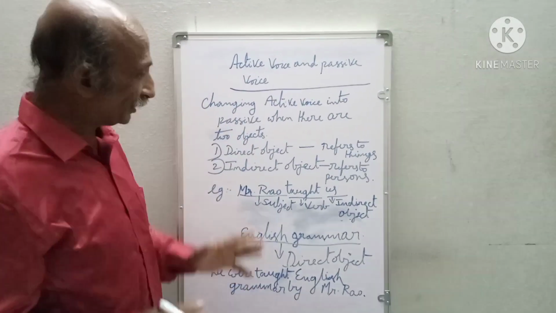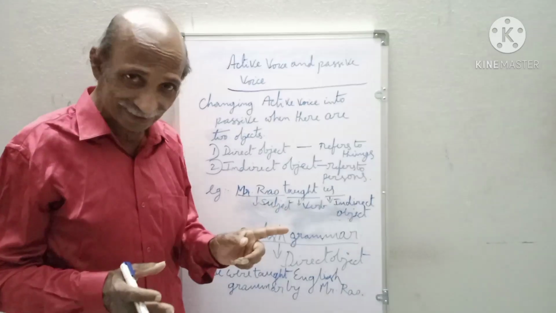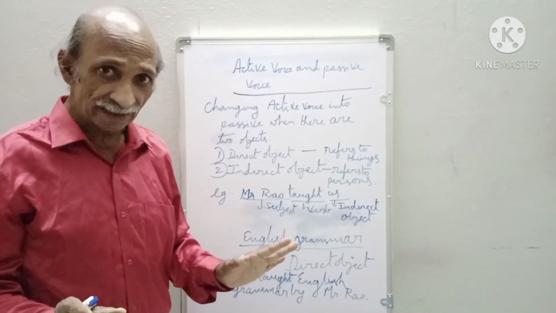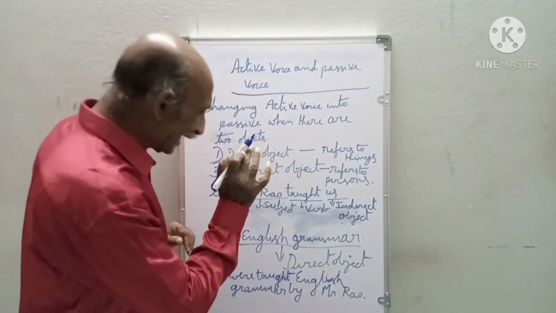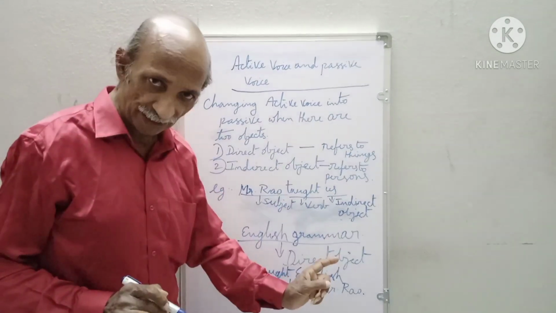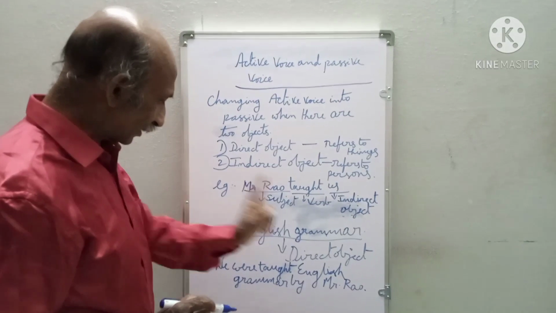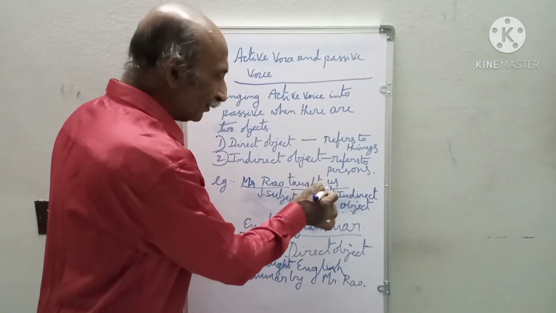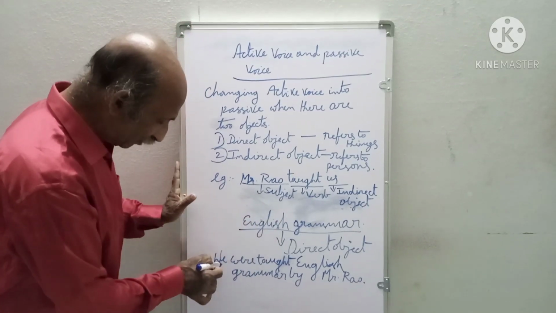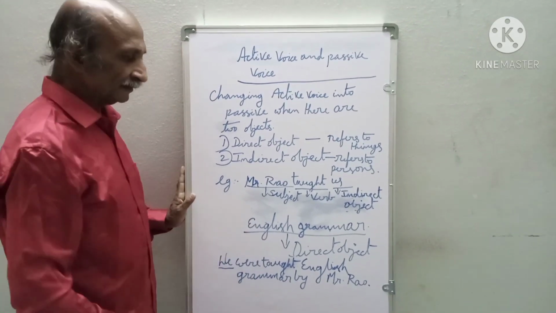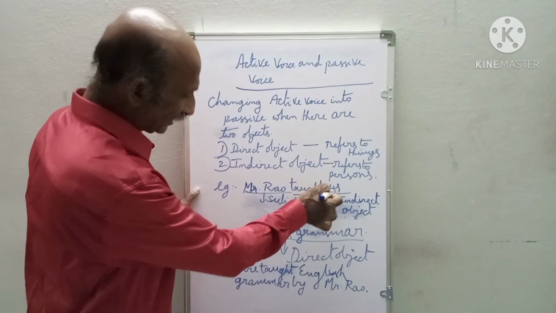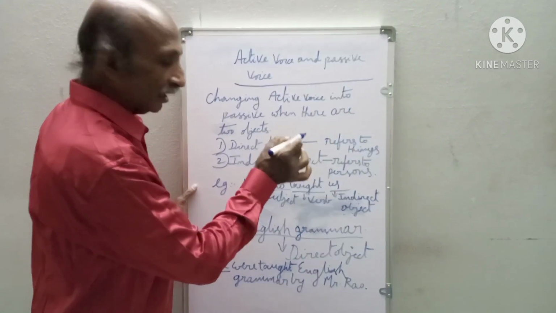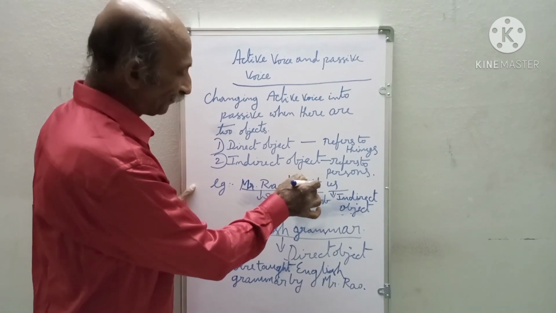Now the question is, which one should be taken as the subject in passive voice? Generally, we take indirect object as the subject in passive voice. So, here you see indirect object is us. So, I started the sentence in passive voice with we. Remember, us is replaced by we because pronouns of object forms.